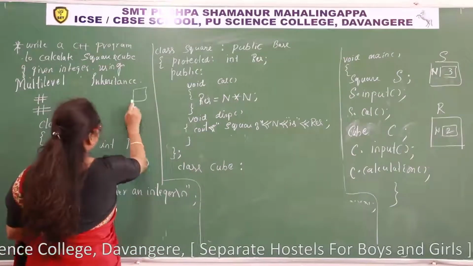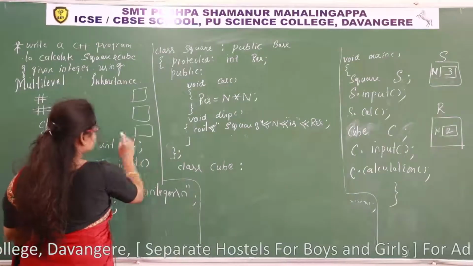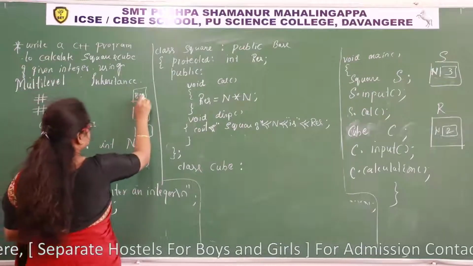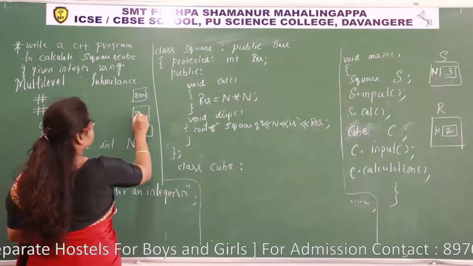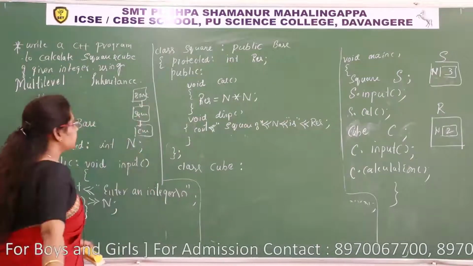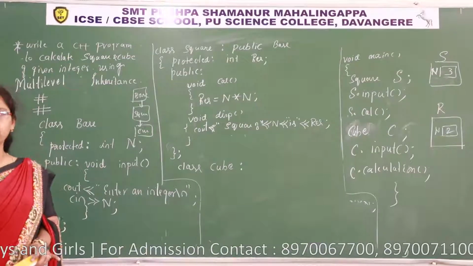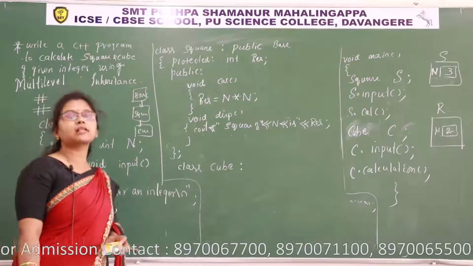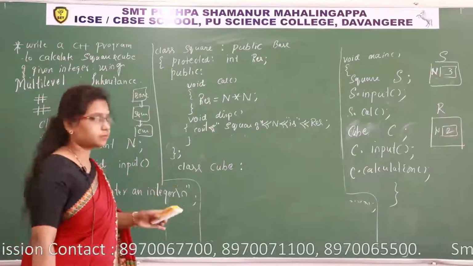You all know multi-level inheritance, a class which is derived from another derived class. This is class base and it is class square. Now class cube. The properties of base class are inherited to square class, and properties of square class are inherited to cube class.